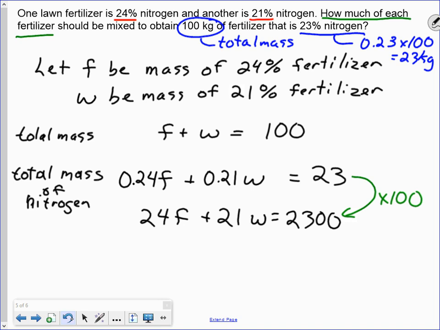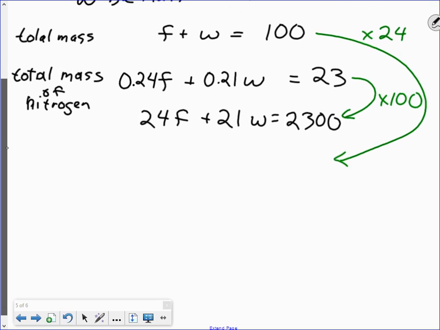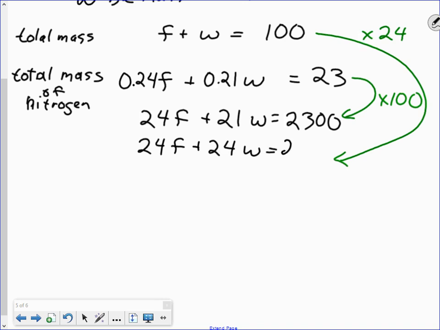Okay? And then I'm going to take this first equation and I'm going to use elimination here. So I'm going to eliminate F by multiplying this equation by 24. So let's move this up a little bit here. If I'm multiplying that by 24, I get 24F plus 24W equals 2400.